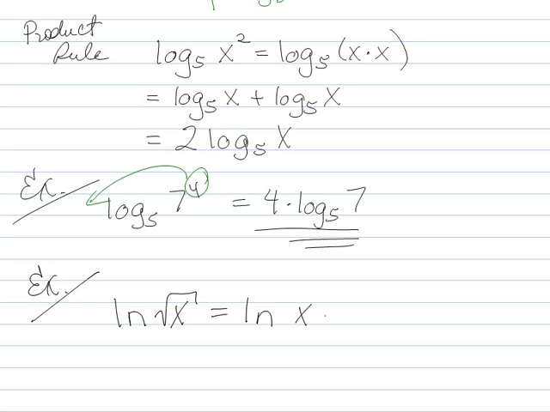If you don't know your exponent laws, you're going to be in pain. The square root of x is the same thing as x to the 1/2. I'm going to pull that 1/2 out front and get 1/2 natural log of x. So I simplified it.